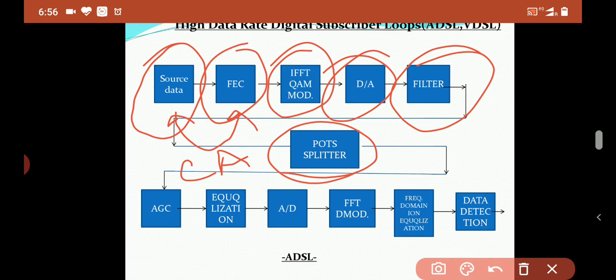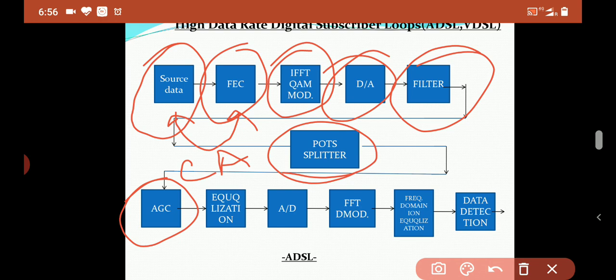Then there is an AGC, that is automatic gain control, which is used to adjust the overall receiver level. I think this part we have done in PLL, the phase locked loop. So in that particular case, AGC is used to adjust the overall receiver level.